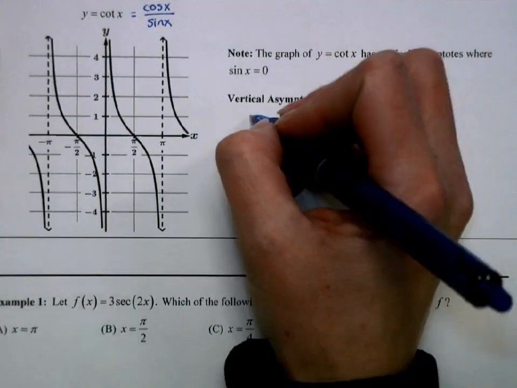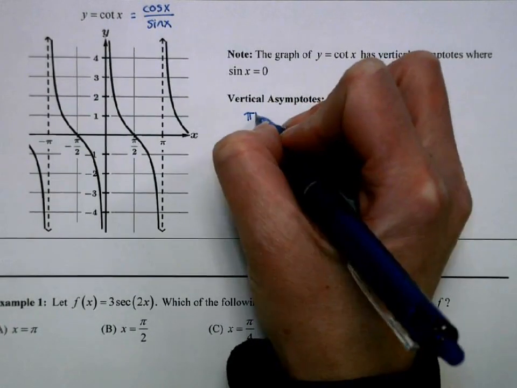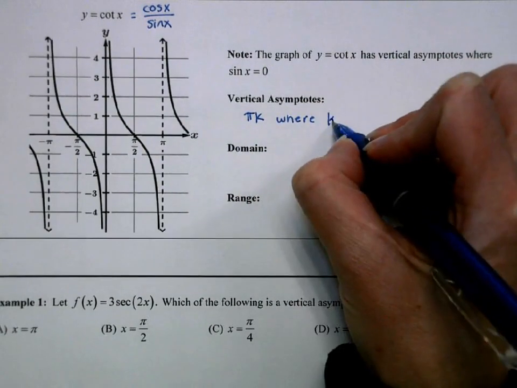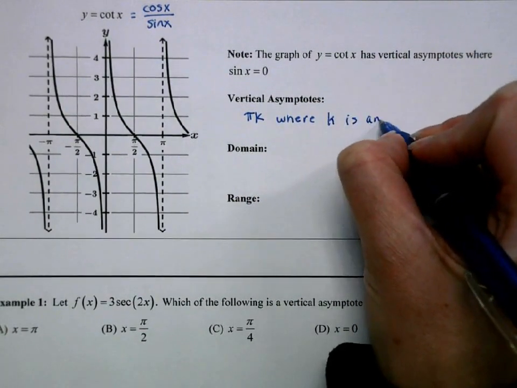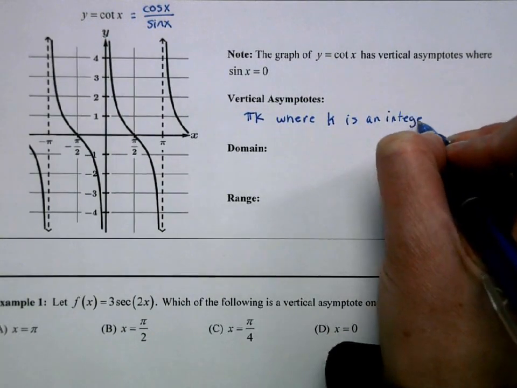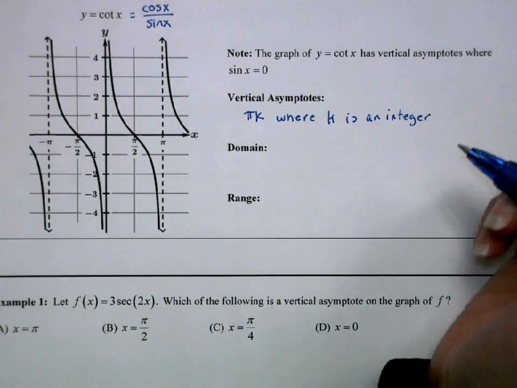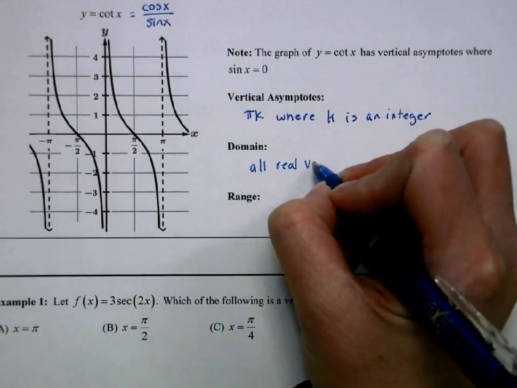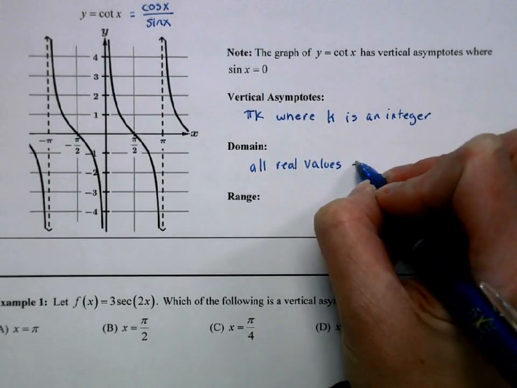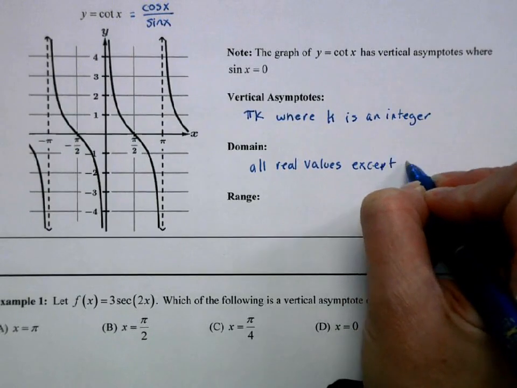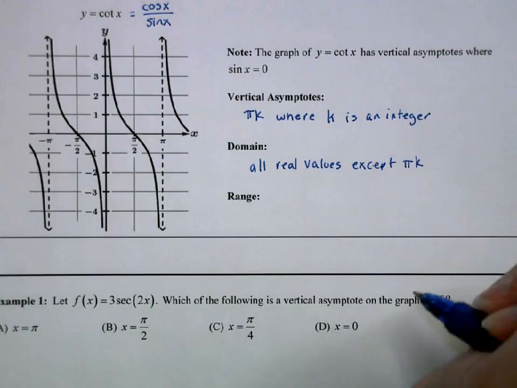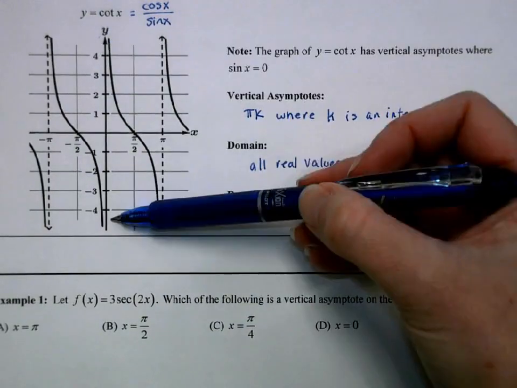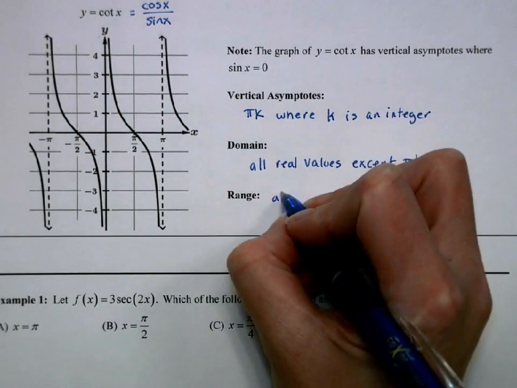So that's going to be 0 plus pi k, again where k is an integer. The domain is all values except those. And then our range is going to be all real values, so there's no y value that's excluded.